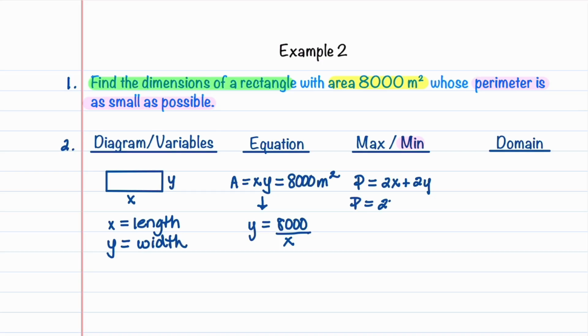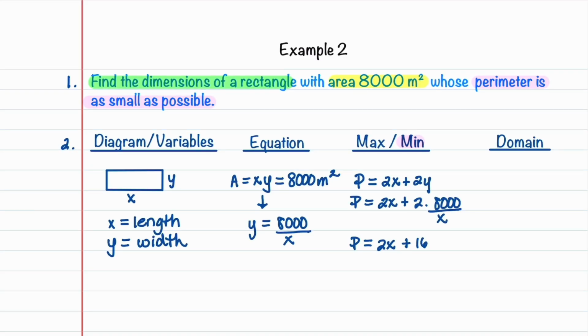P is 2x plus 2 times 8,000 divided by x. Since we need to minimize P, we need to take its derivative. So at this stage, what we need to do is write P in the easiest form possible to take a derivative. So I'm going to write P as 2x plus 16,000 x to the minus 1.